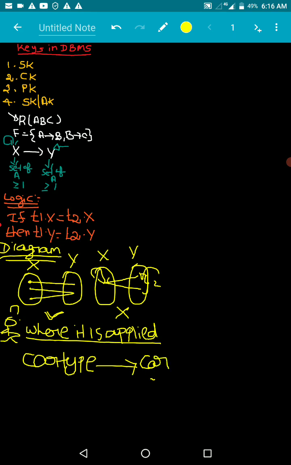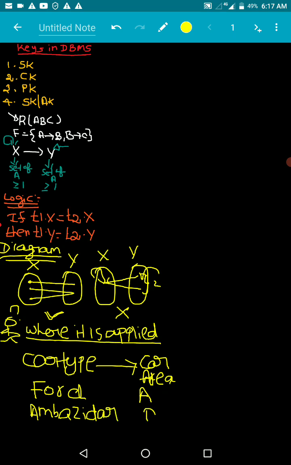Suppose the car type is a Ford, and the car parking area is first class, that is the A class. Suppose the car type is Ambassador, then the car parking area will be T grade, T class area.